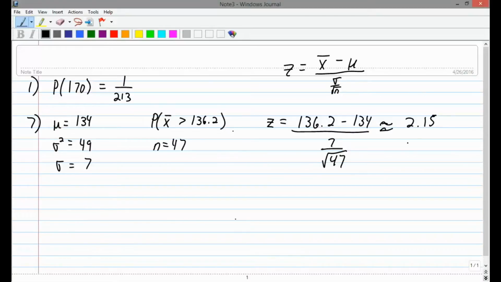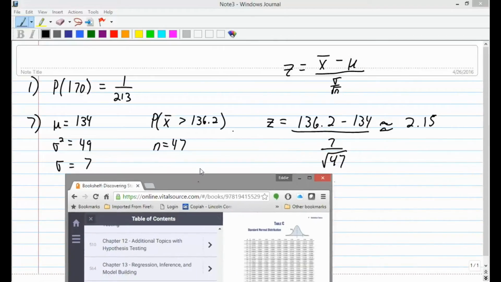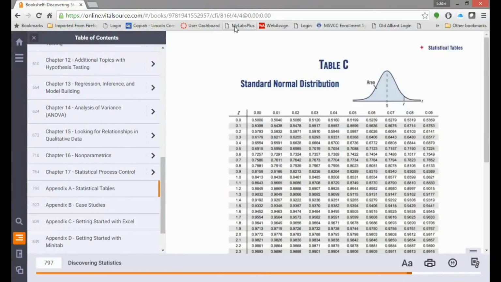And I want to know the probability of it being greater than. And that makes a difference because when I go to my tables, I want the area to the right if it's greater than. So I'm going to look at table C here. And if I want the area to the right, I have to say 1 minus the area that it gives me.